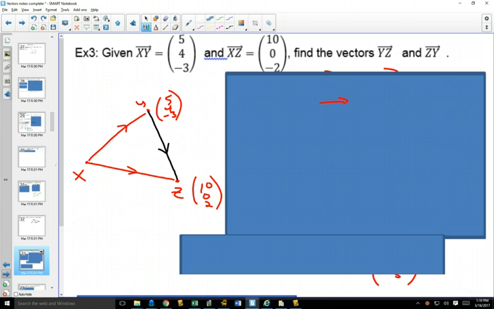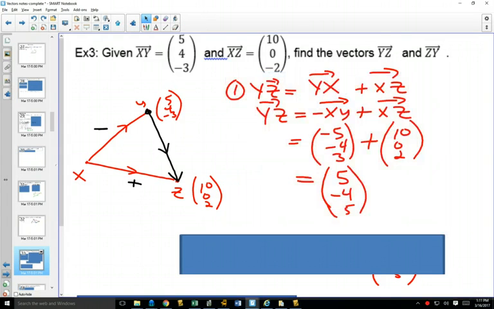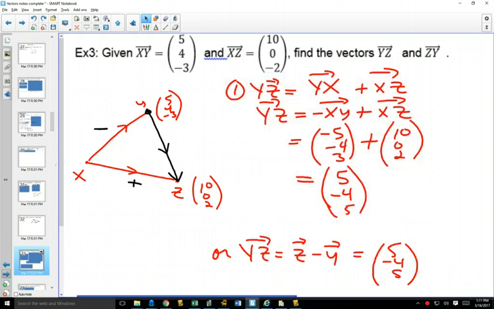Can you see that you would need a negative one of those and a positive one of those if we started here and ended there? And then once you find y to z, z to y will just be the opposite. Okay, that's where we're going to end.